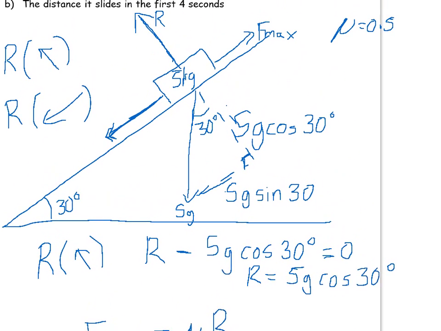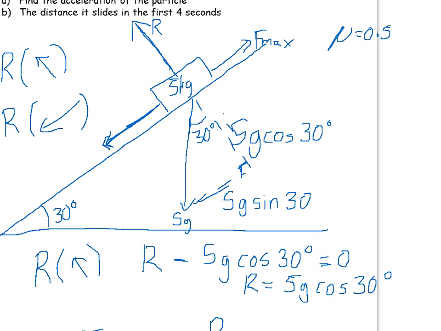Now we've got our friction max, we can look to find the forces acting down the slope in this direction. Remember, acting downwards here is going to be our component of gravity, the component of the weight acting down the slope, which is 5g sine 30, and opposing the motion is going to be the friction max, which we've just calculated to be 2.5g cos 30.